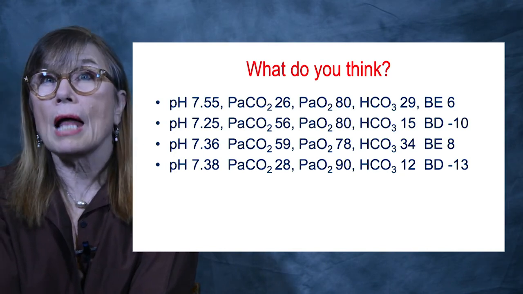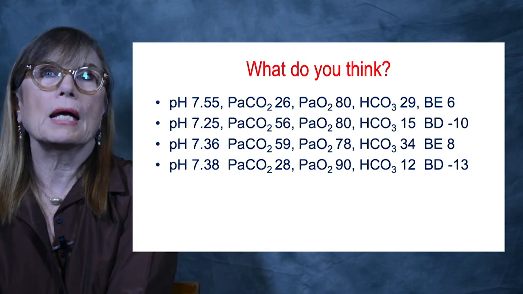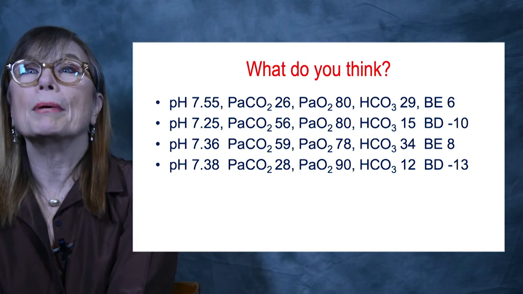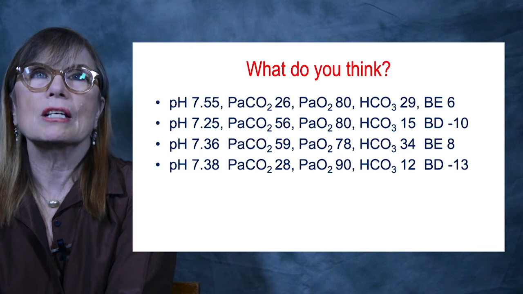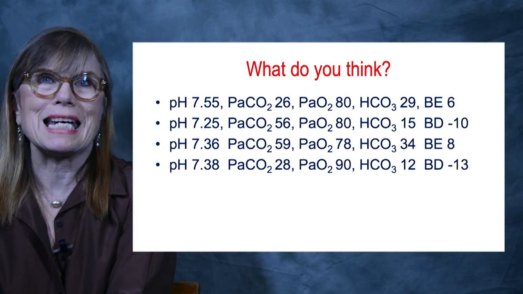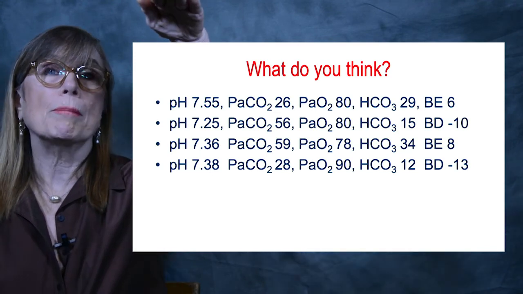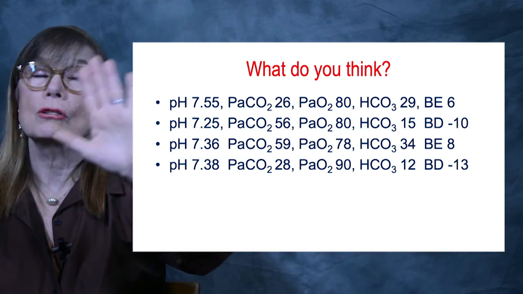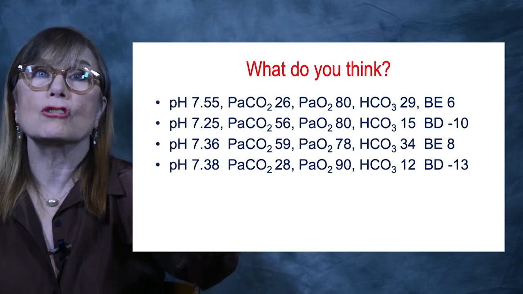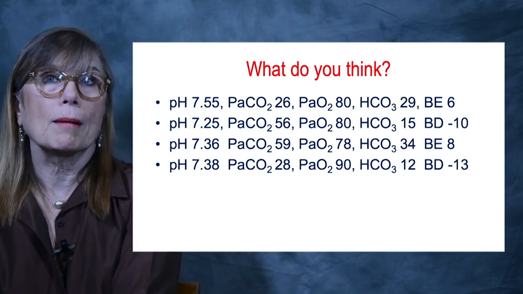Now we go down to the last one. pH 7.38, PaCO2 is 28, PO2 is 90, bicarb is 12, and base deficit is negative 13. pH, not perfect, but down, but inside range. So either a normal variation or an abnormality with compensation.